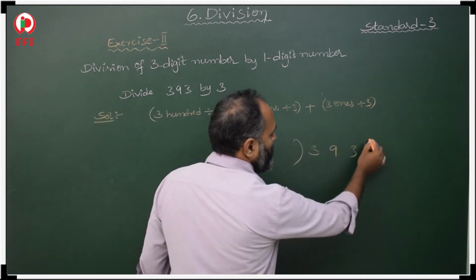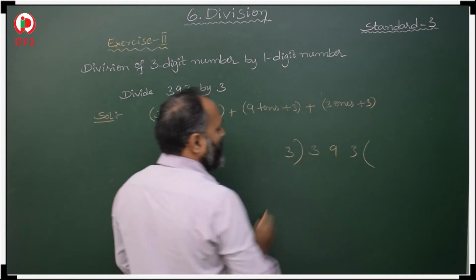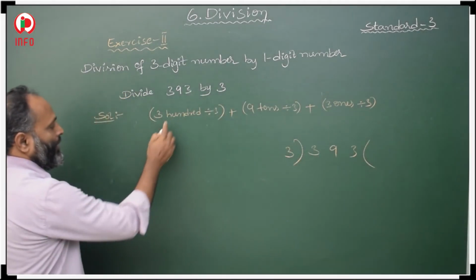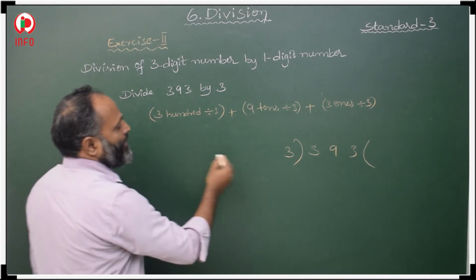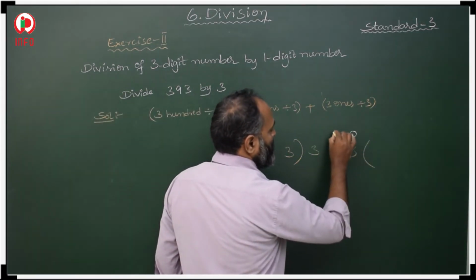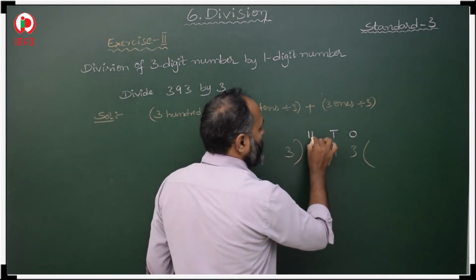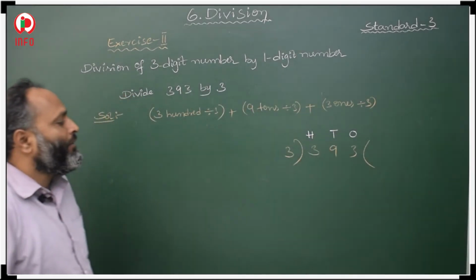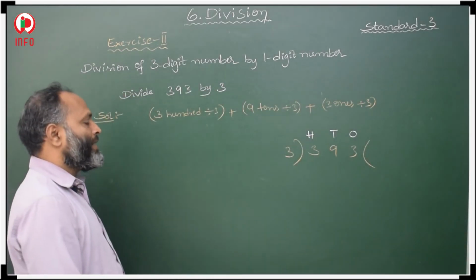393, so we have to divide by 3. Then how to divide? First 3 hundreds. This is ones, this is tens, this is hundreds. Now we have to divide the hundreds, 3 hundreds by 3.